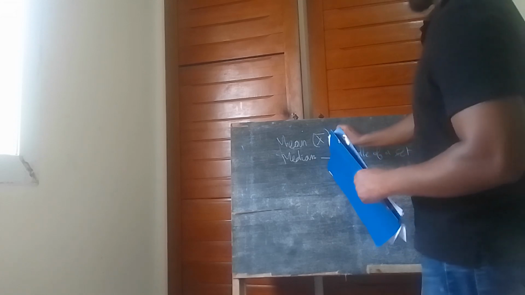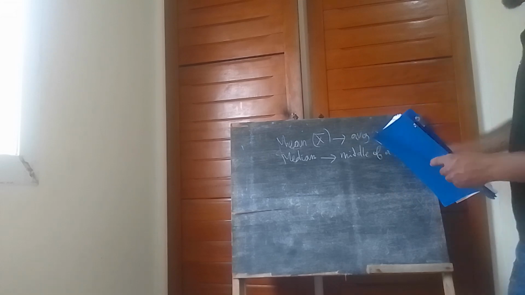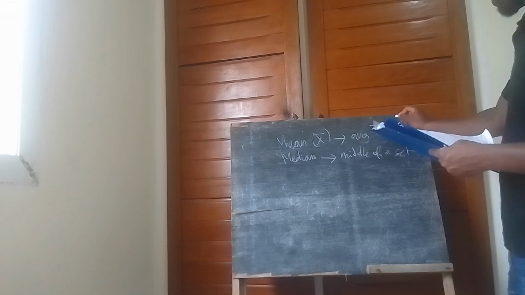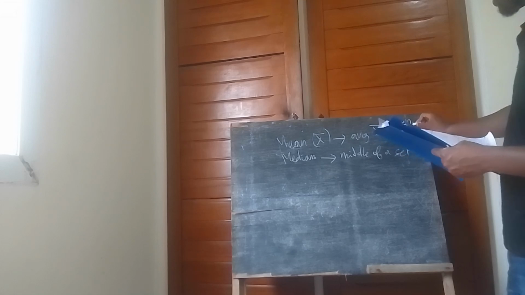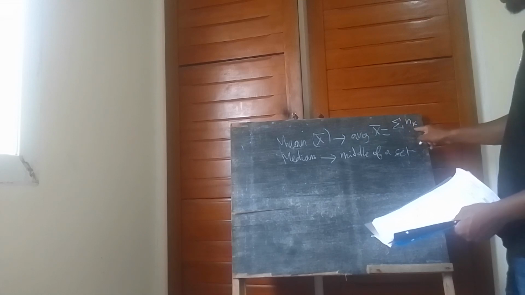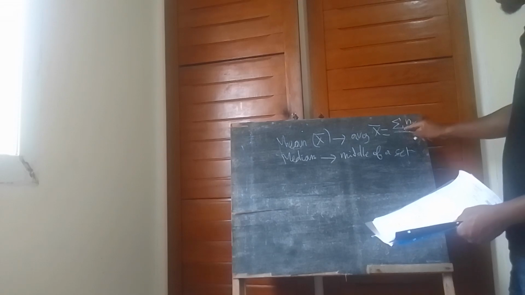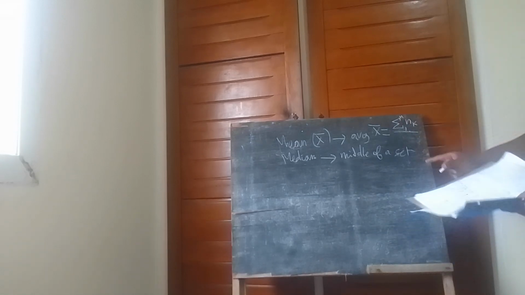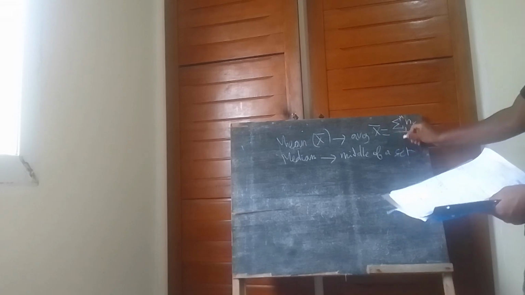The mean is basically the average value, and the average value is going to be defined as such. You have x bar is equal to the sum of n_k, where k goes from 1 through n, where n_k is any number in the set, and it's divided by the total number of things.